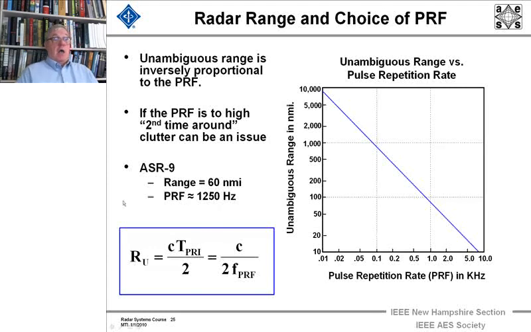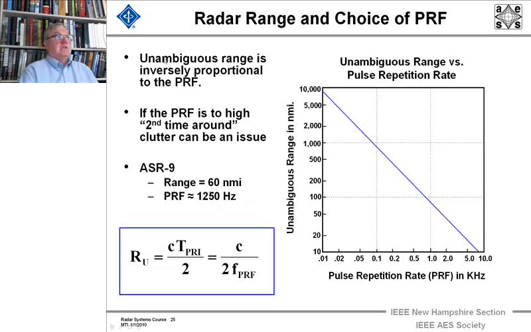To have unambiguous Doppler velocity detection, that 1250 hertz corresponds to about 150 nautical miles per hour. Airplanes are a lot faster than that. And so this is an ambiguous PRF.